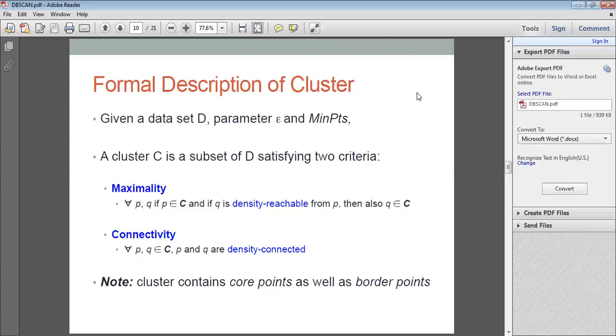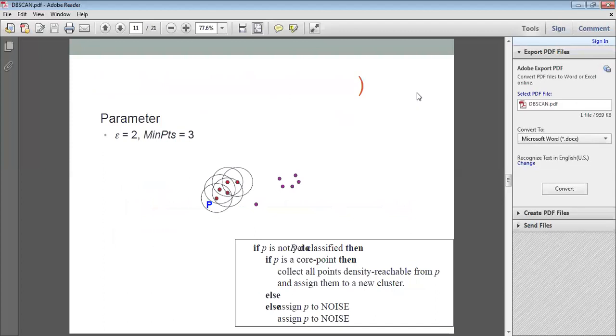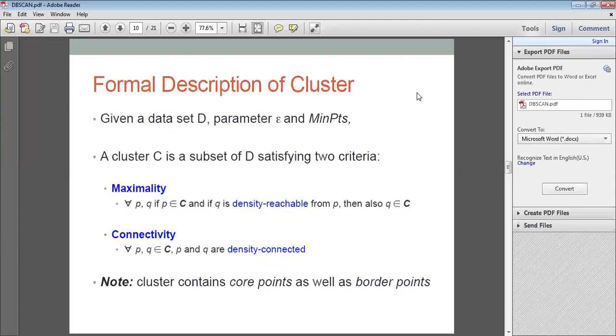So one is direct connection to a core point and another is indirect connection through a core point. This is the DBSCAN criteria. If a point is neither a core point nor a border point, then it would be considered noise. That's all about the cluster criteria.